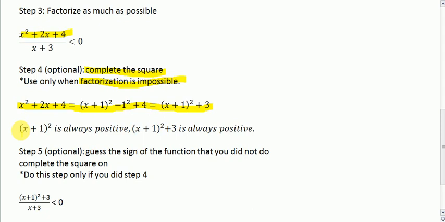It becomes the foundation for your conjecture on the sign of your denominator, as well as your answer later. So we will state that (x plus 1) squared is always positive. This is actually very obvious. Anything squared is always positive. Therefore, the sum (x plus 1) squared plus 3 is always positive.